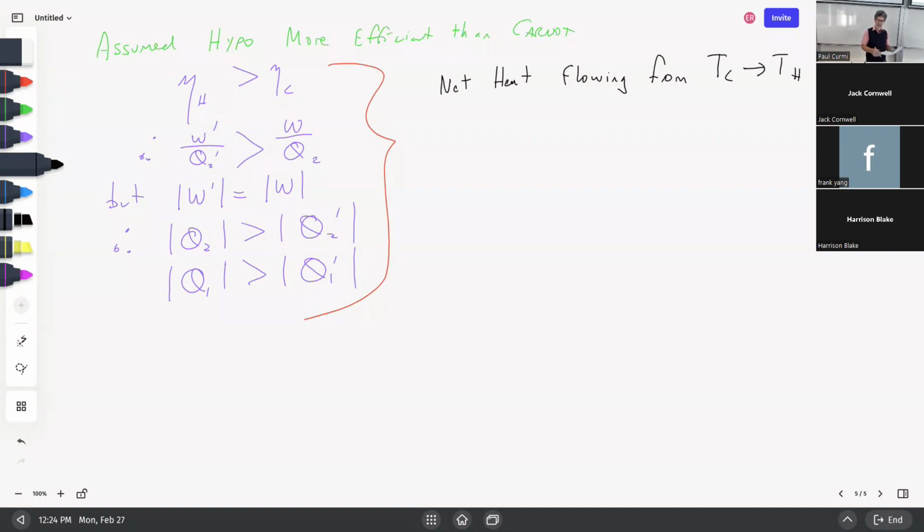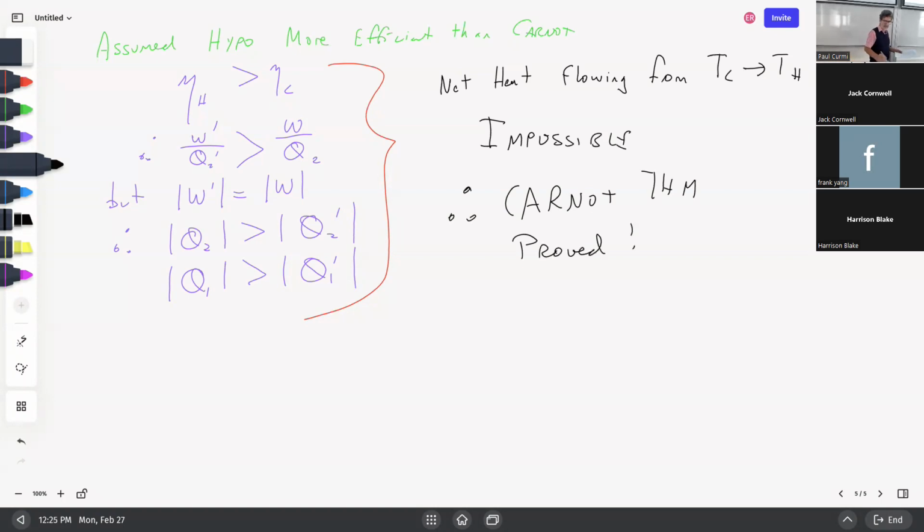Okay? And this is impossible. Therefore, Carnot theorem proved.